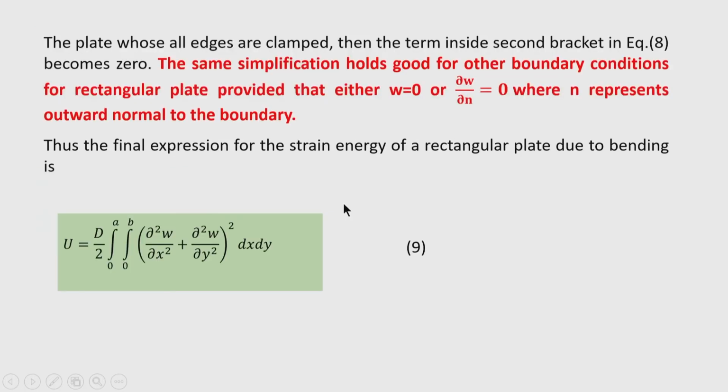But in case of plates where all edges are clamped or the plates are supported along all 4 edges, rectangular plate, such that W is 0 or the slope normal to the boundary, n represents the outward normal to the boundary, is 0, then we can use the simplified form of the strain energy. Okay.